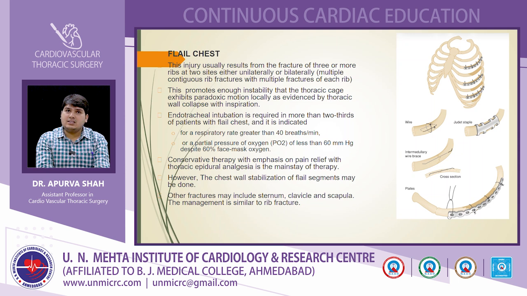Endotracheal intubation is required in more than two-thirds of patients with flail chest and is indicated for a respiratory rate greater than 40 breaths per minute or a partial pressure of oxygen of less than 60 mm Hg despite 60% face mask oxygen.